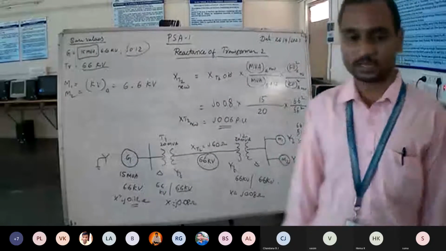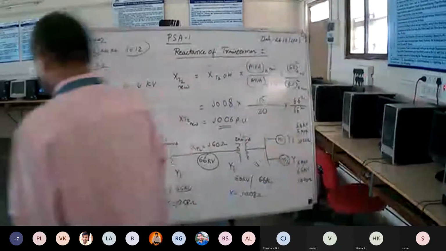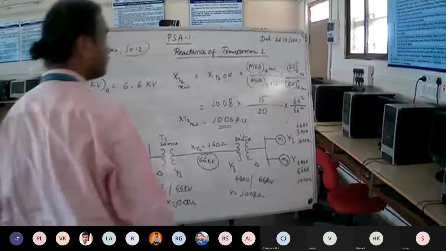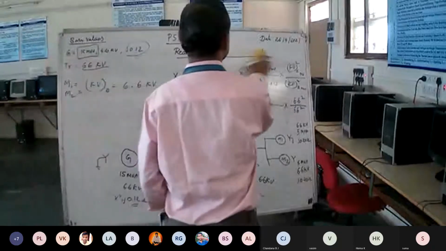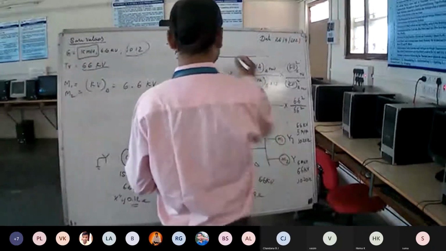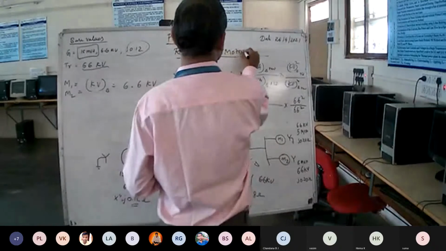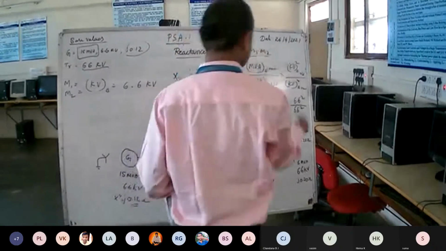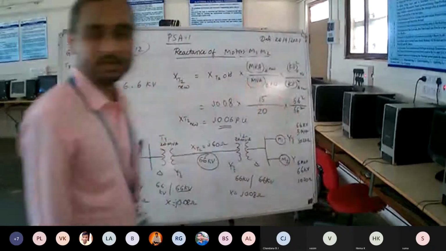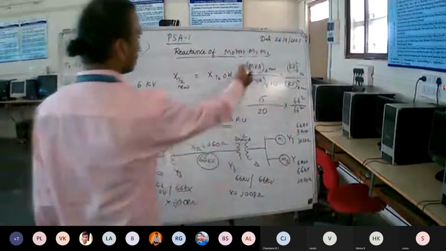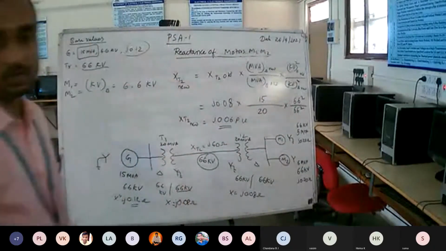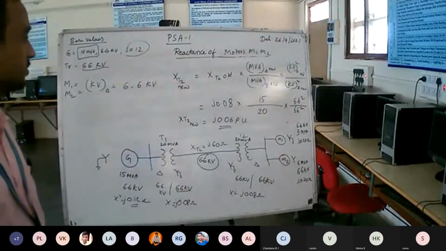So the remaining is the motor. Motor M1 and M2. Reactance of motors M1 and M2. Both the motors have equal rating, so we can combine them directly.